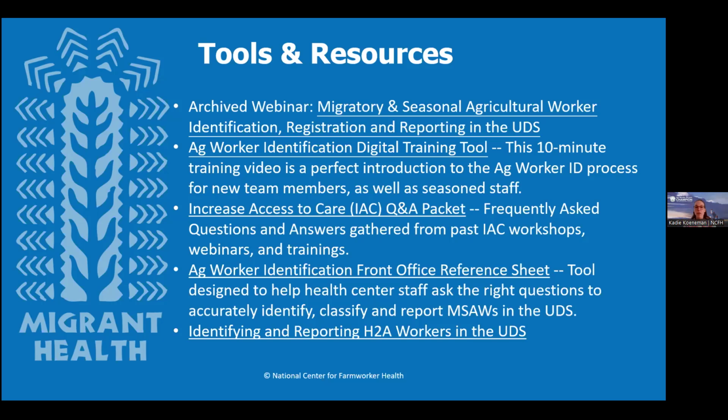So if you think about the 6 steps and how, in order for a worker to be a migratory agricultural worker, they have to establish a temporary home, which is exactly what H-2A workers do. So if you have H-2A workers in your community that are accessing your health center, they're always going to be classified as a migratory agricultural worker.